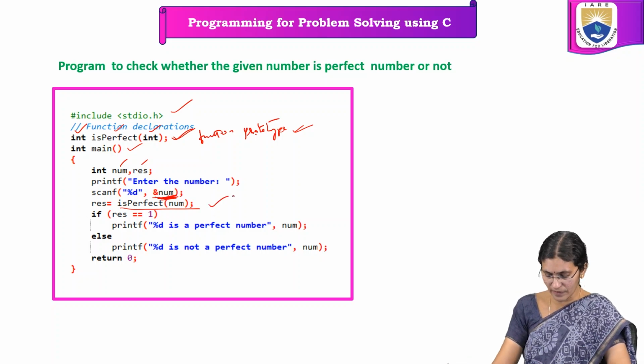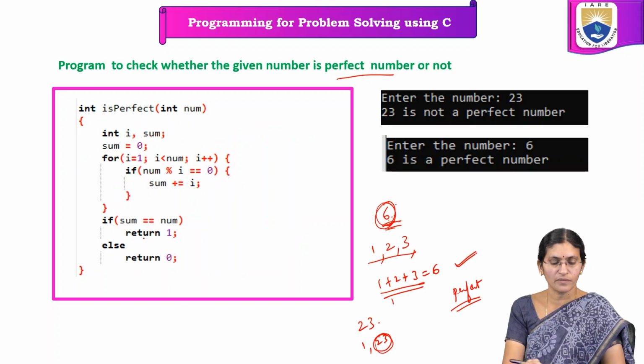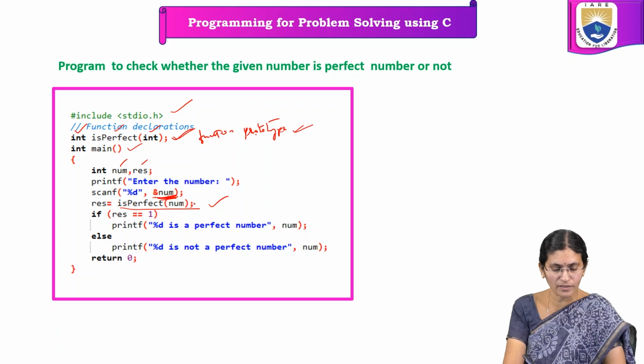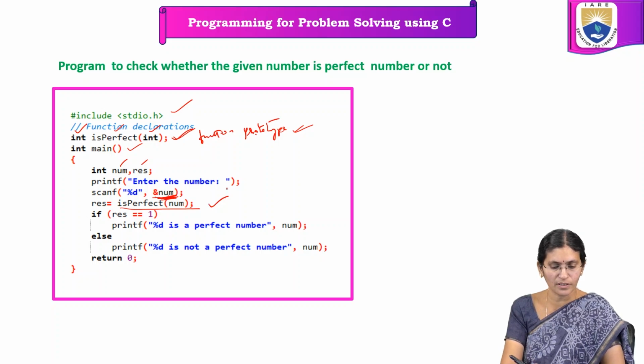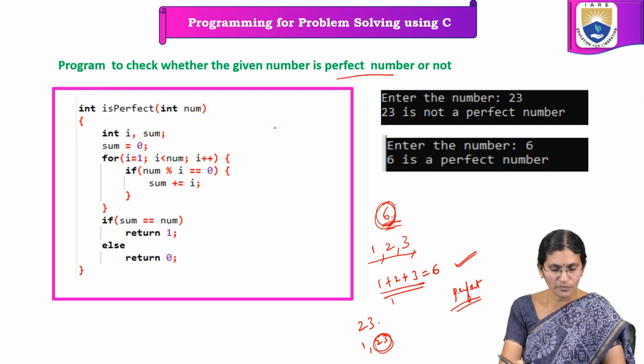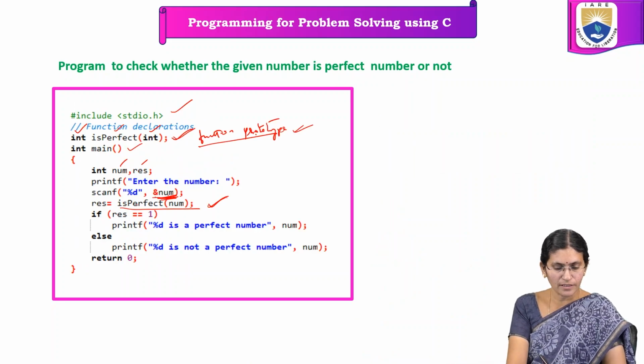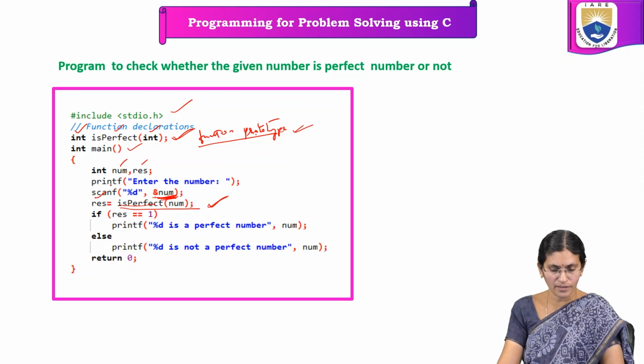We have written this function after the main function. Whenever we write the function definition afterwards, we need to write the function prototype. This is the function definition, and it has a return type also. The return value is stored in the variable res.